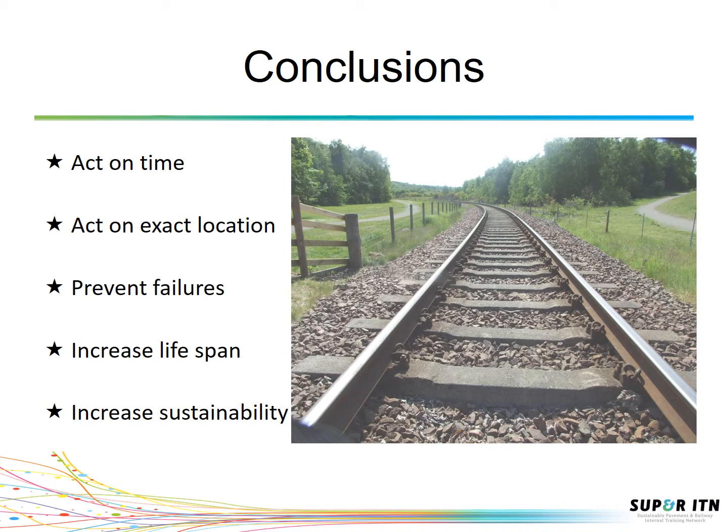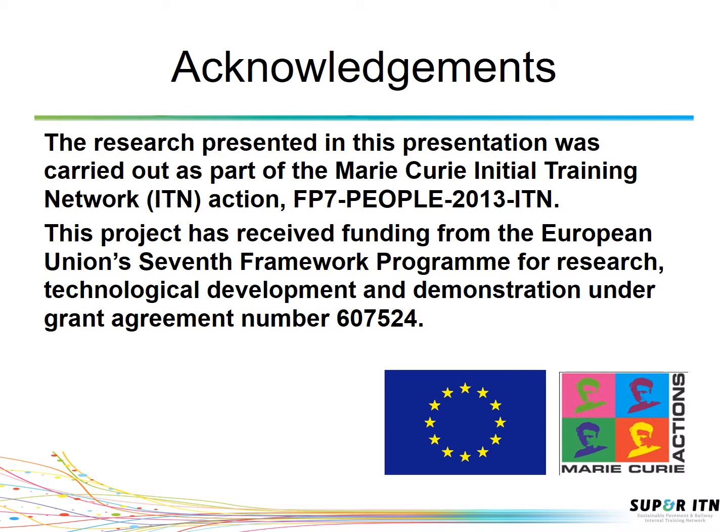At the end, this will enable us to act on time and act on exact location where maintenance is required. By this, we will increase the sustainability and the total lifespan of our track. All the work has been undertaken as part of the Marie Curie Initial Training Network action.